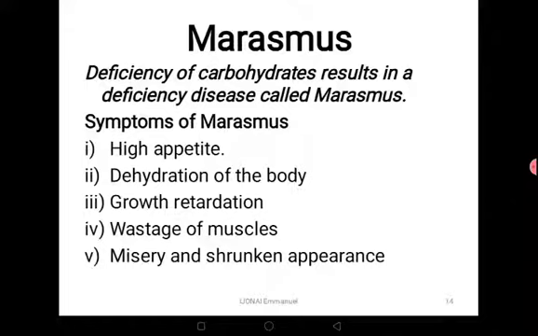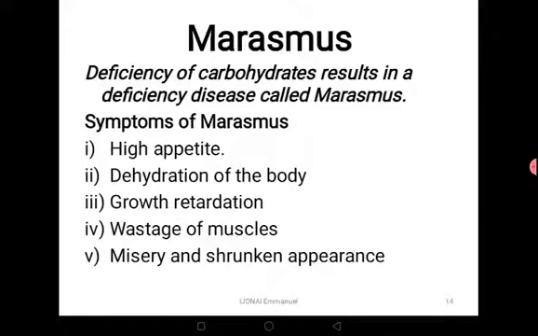Most likely somebody might be having marasmus, because these sugars are responsible for water absorption in the body. If they are not there, then you are likely to suffer from dehydration, which is a condition caused by lack of enough water in the body.